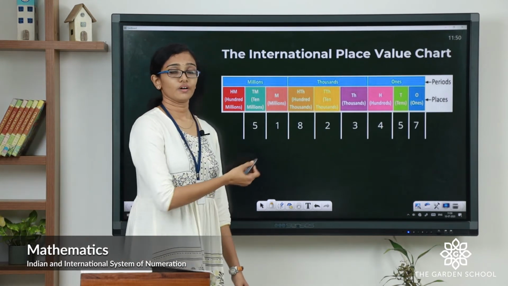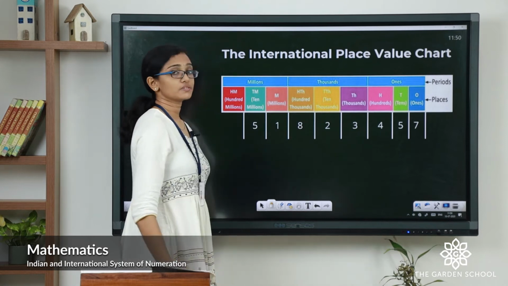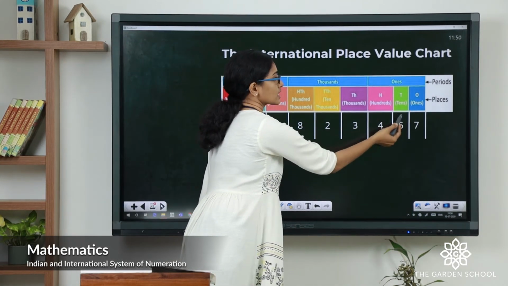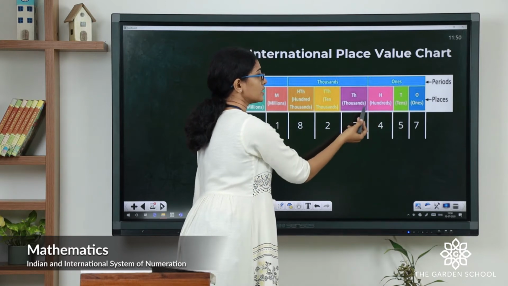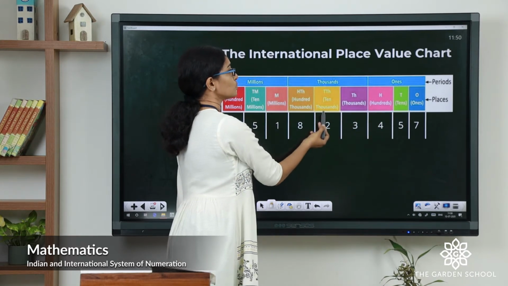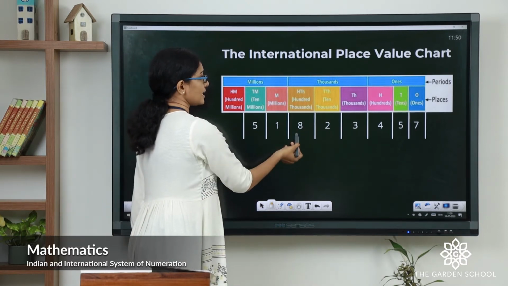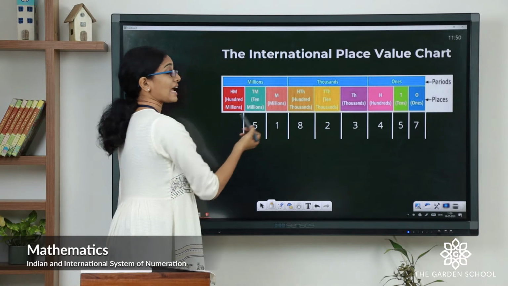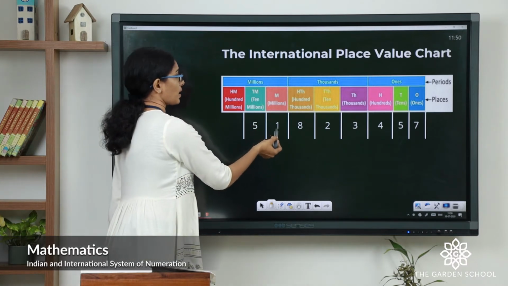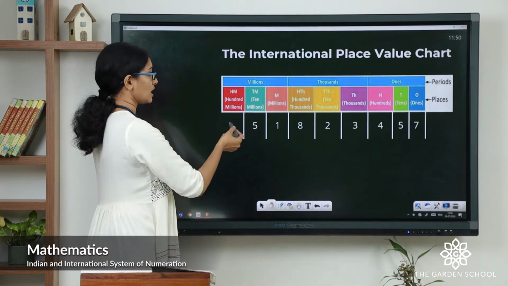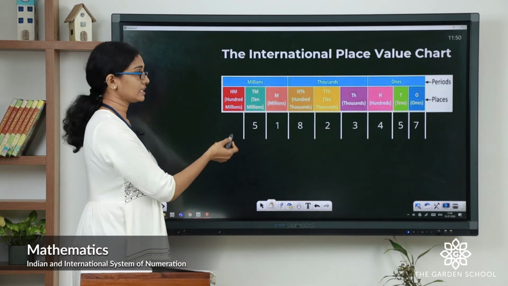Here is an example of a number written in the place value chart for the international system. So you have 7 ones, 5 tens, 4 hundreds, 3 thousands, 2 10,000s or 20,000, 8 100,000s or 800,000 and 1 million and 5 10 million or 50 millions as the place values of the digits in this one.